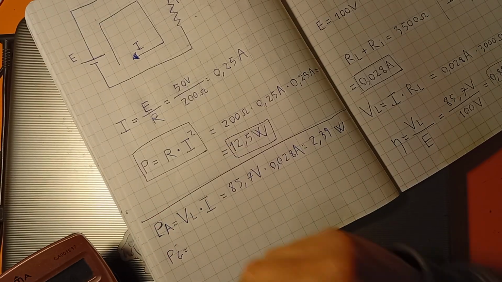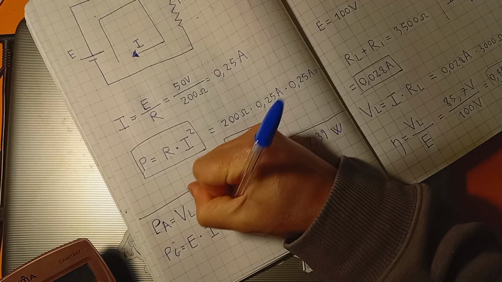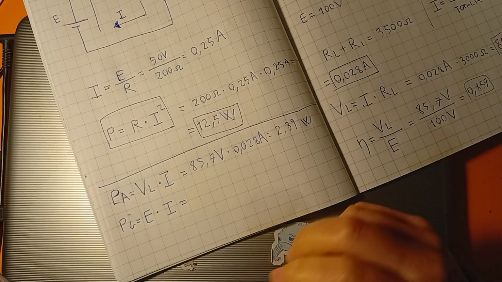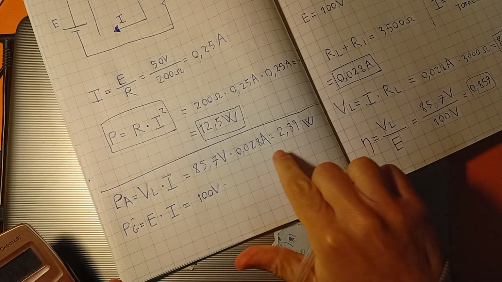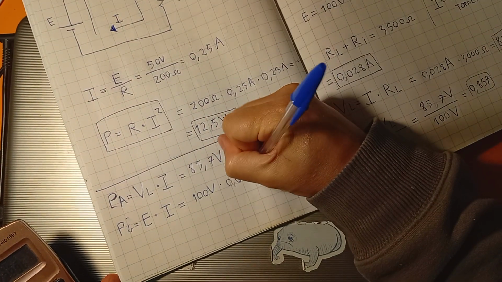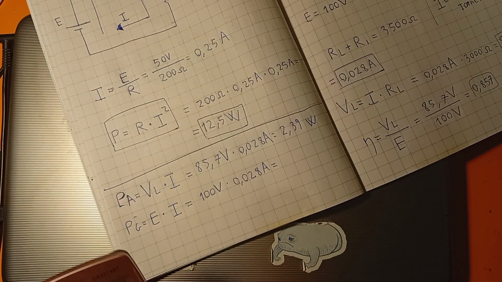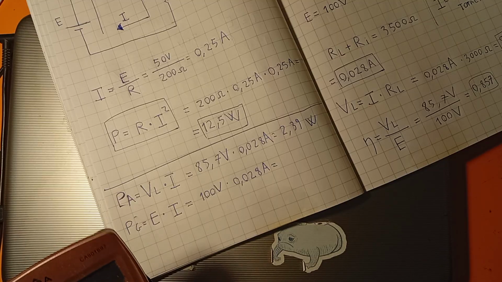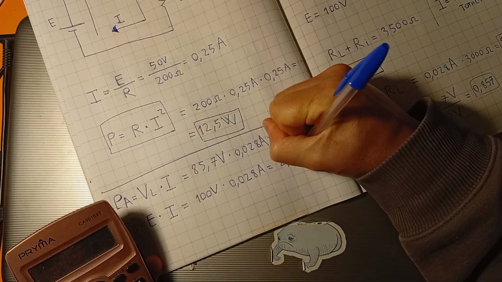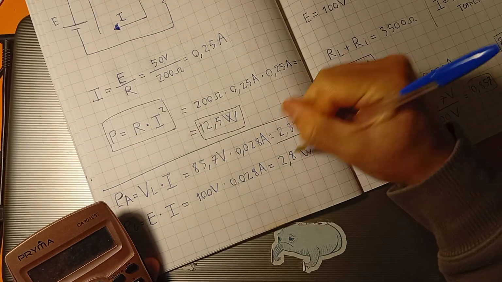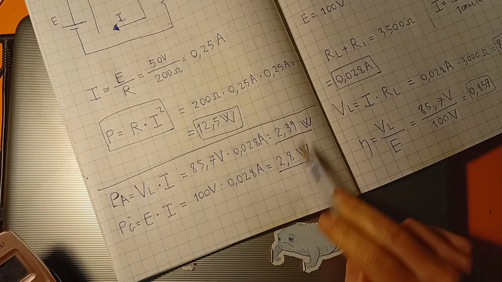The generated power is the value of the voltage source multiplied by current. The voltage source has 100 volt, and the current is still the same, 0.028 ampere. So that gives 2.8 watt. Now we have absorbed power and generated power.